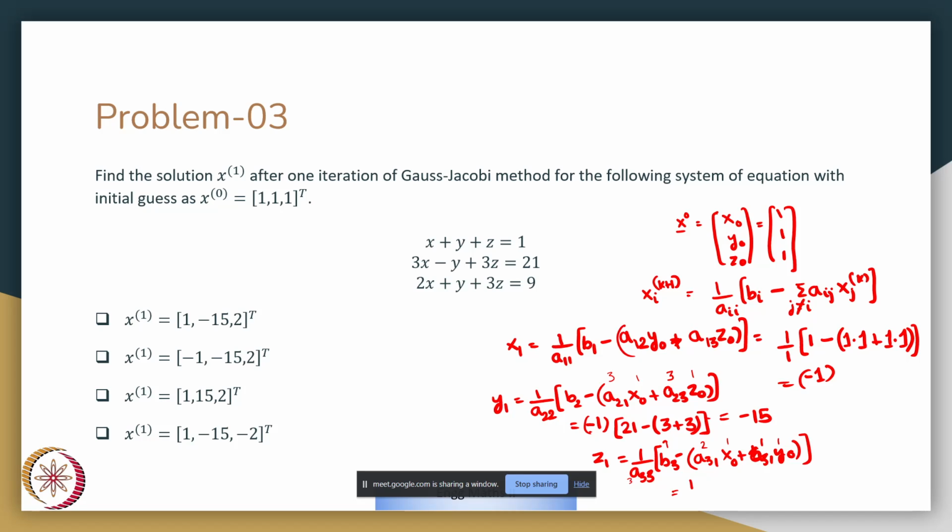So this is 1/3 of 9 minus 2 plus 1, which is 3. So we should end up with 2. So after one iteration our vector should look like minus 1, minus 5, 2, which is option B.